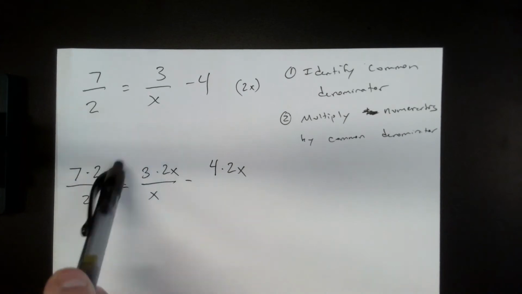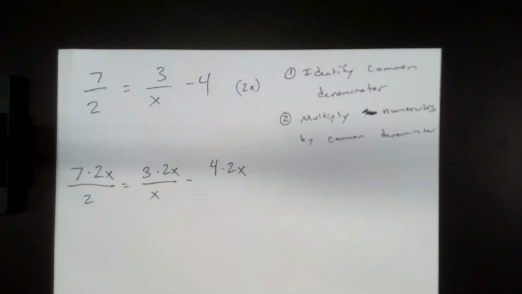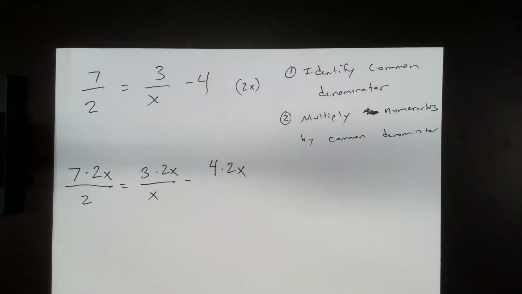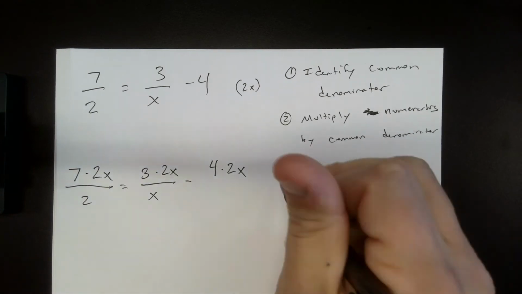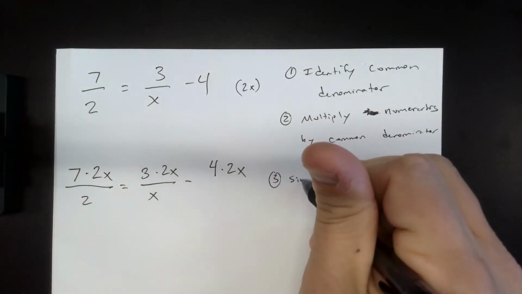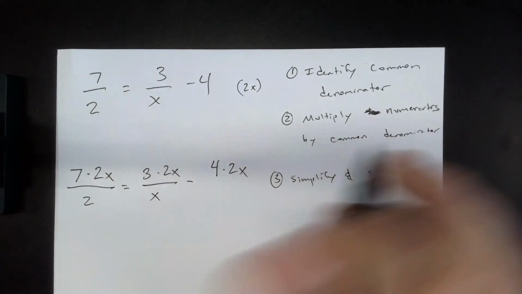Right? But we're going to be having variables in our denominator all day today. So that's why we got to learn this method. Alright, so now we're to here. Now we're going to simplify this. Everyone with me? So step number 3, I'm just going to write simplify and solve.